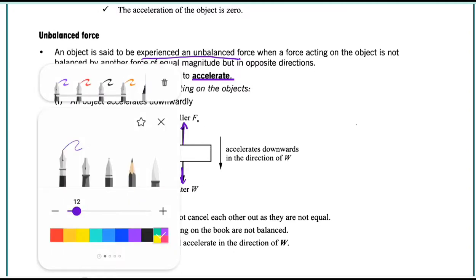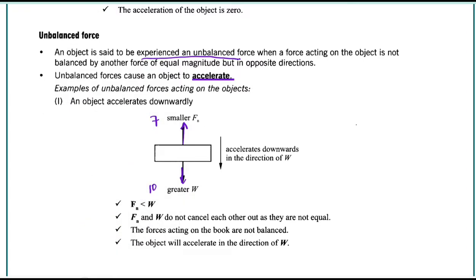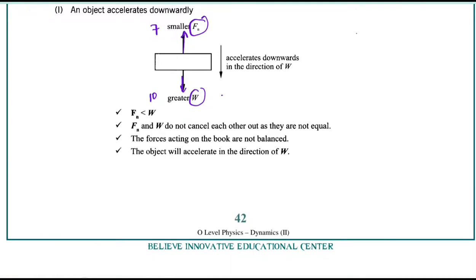So the example there is the one where we have the force A being lesser than the force W, and we find the object accelerating in the direction of the force which is greater. Is that okay?